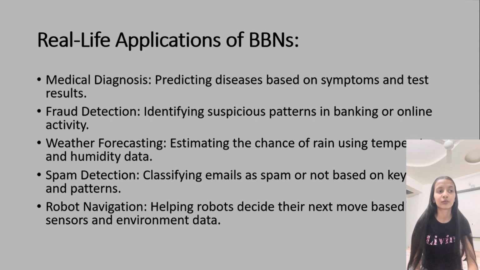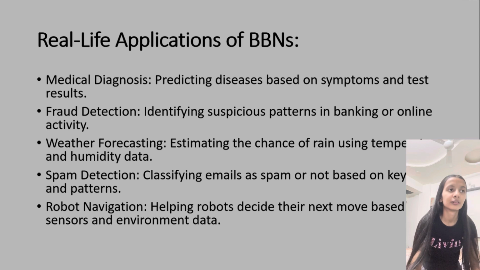Third is weather forecasting, estimating the chance of rain using temperature and humidity data. Fourth is spam detection, classifying email as spam or not based on keywords and patterns. Last is robot navigation. It helps robots decide their next move based on the sensors and the environment data.